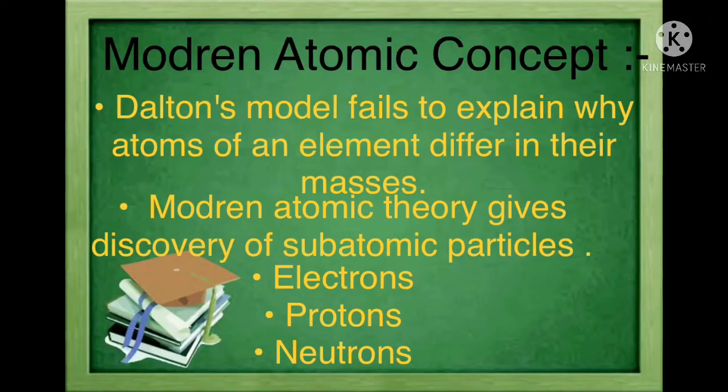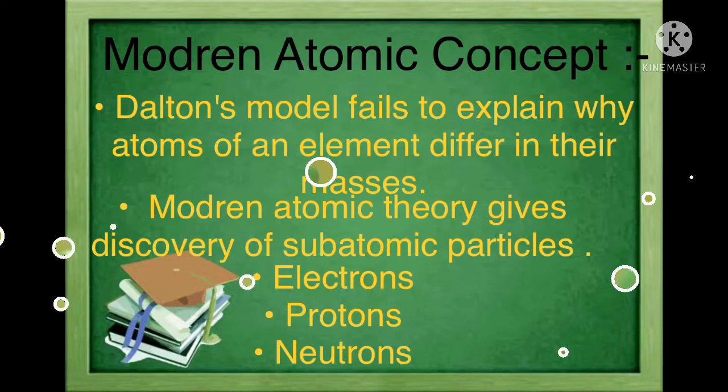Dalton's model fails to explain why atoms of an element differ in their masses. So this led to the discovery of modern atomic theory, which gives the discovery of subatomic particles like electrons, protons and neutrons. So in this video we study these subatomic particles.